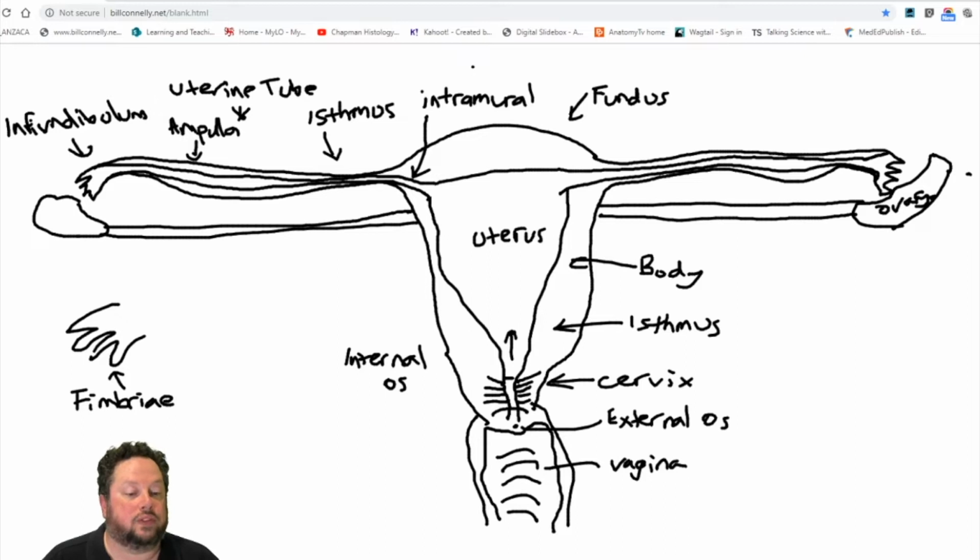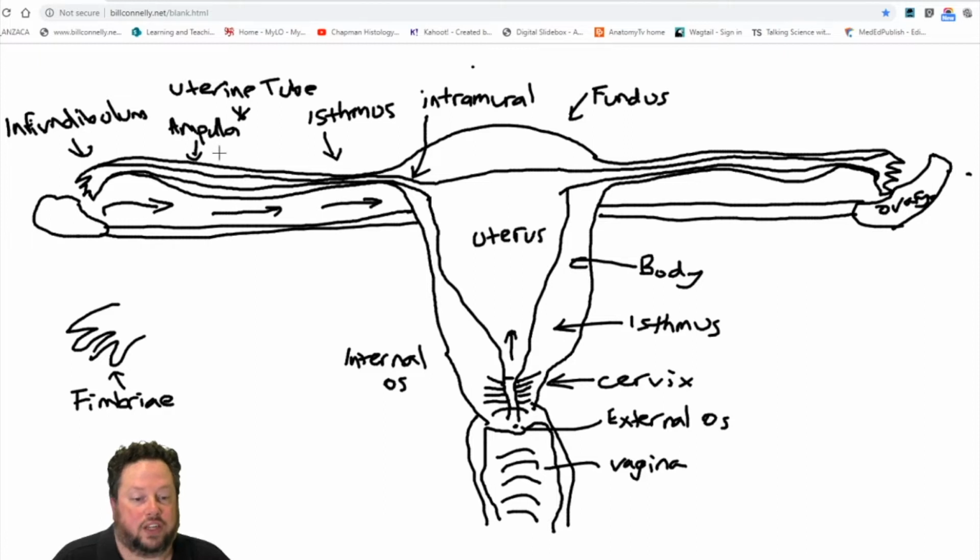Estrogen drives and maintains the cilia, and the cilia are really important as part of oocyte or gamete transport. We're getting 2 things happening. The cilia create a current drawing the oocyte from the outside towards the uterus.